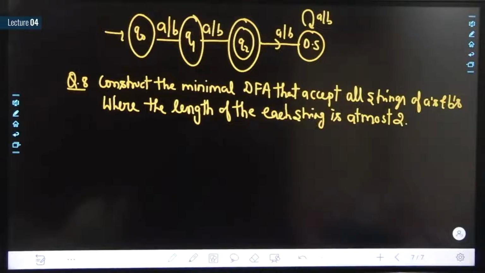At most 2. Make a DFA for this language.